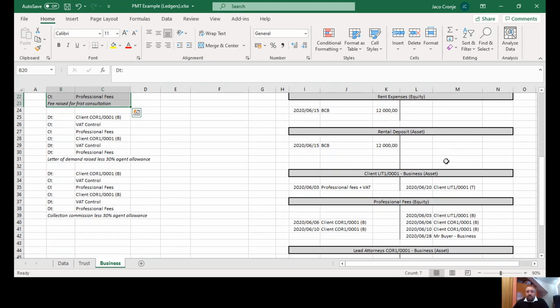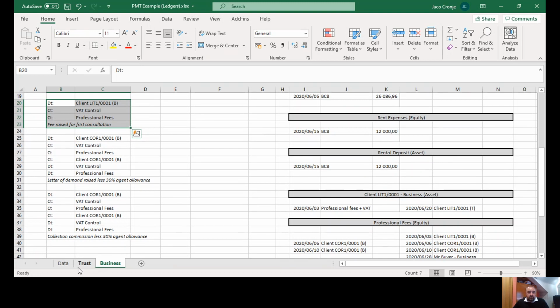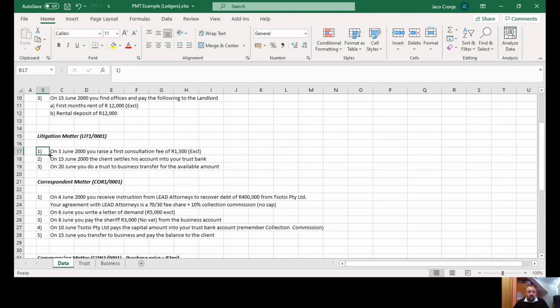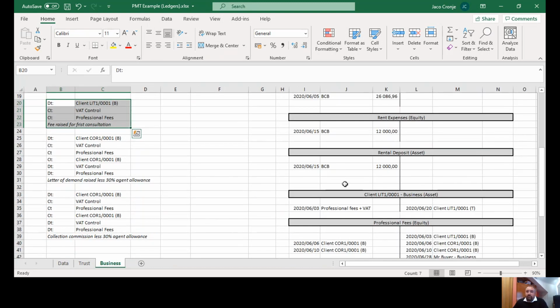So let's start and see what the two legs of the transaction are. So the moment I raise a fee, what has happened? First thing is my client owes me the money. The second thing is I've generated equity through the fact that I've done work. Now, how do we show that the client owes us money?